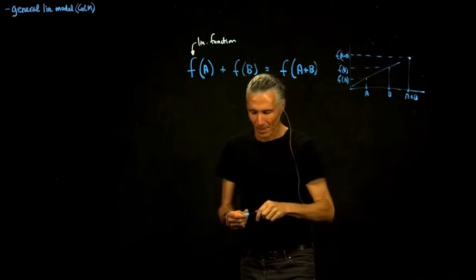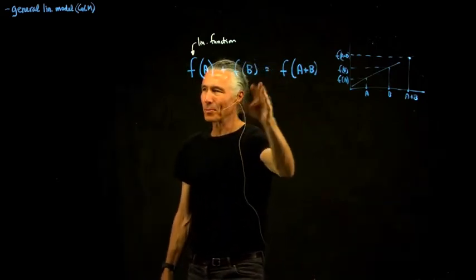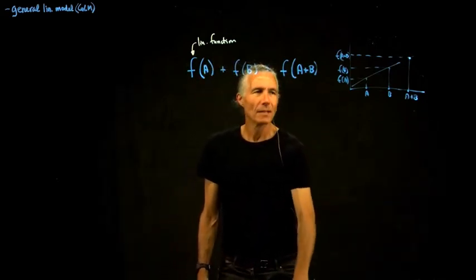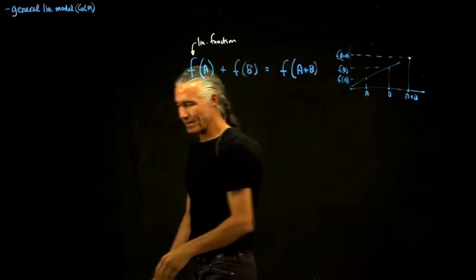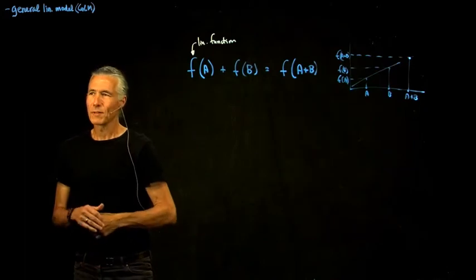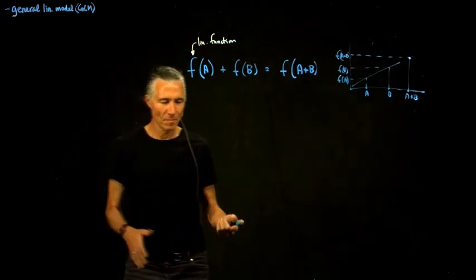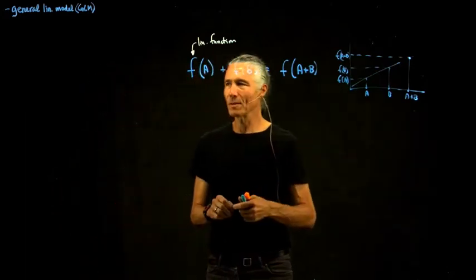So obviously the linear test applies to a function of just one argument, but it could be a function of multiple arguments. It can apply in a more general way.